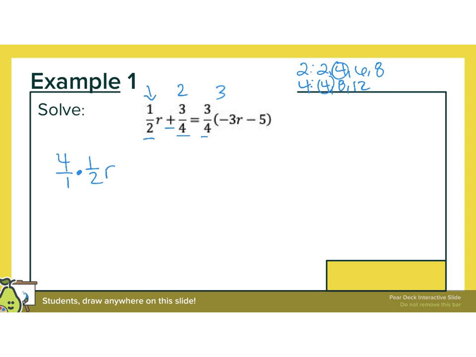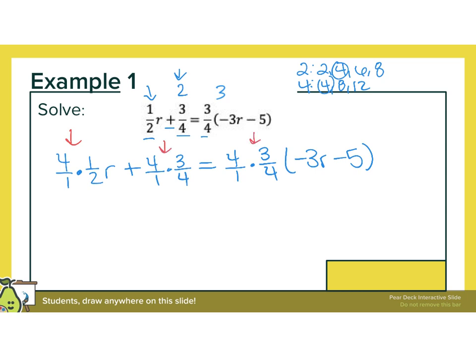Then I have a plus sign, plus, again, 4 over 1 times 3/4. That was my second term. Equals 4 over 1 times 3/4, parentheses, negative 3r minus 5. So I multiplied by 4 once, twice, three times, okay, for each term.